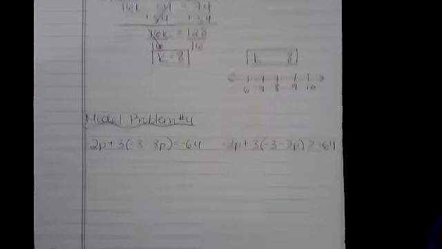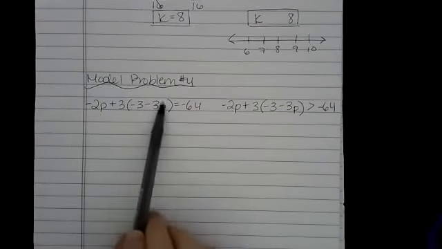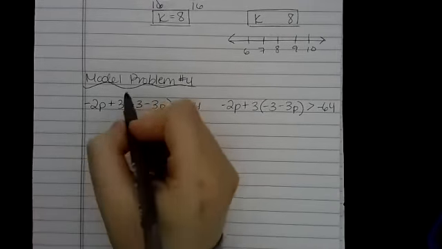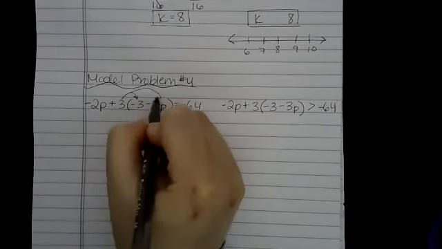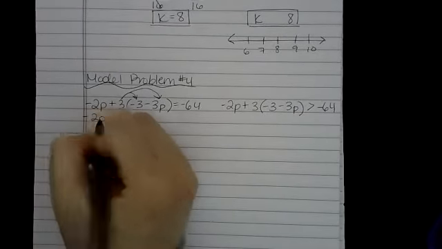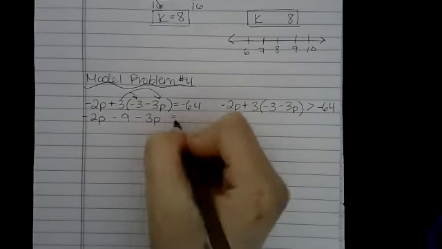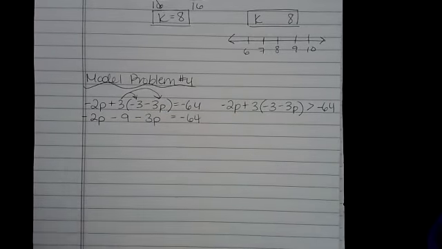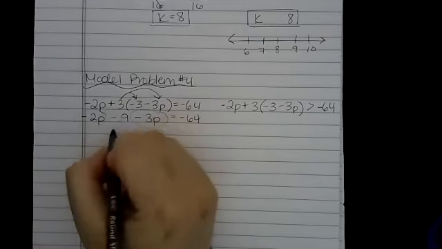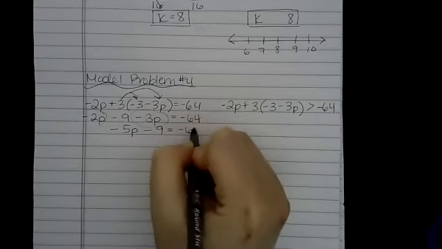And now finally, model problem number 4, okay? I see one set of parentheses, so that means I got to distribute one time before I go, okay? Negative 3 to that negative 3p, okay? Negative 2p minus 9 minus 3p equals negative 64. Like terms, negative 2p and negative 3p. That gives me negative 5p minus 9 equals negative 64.